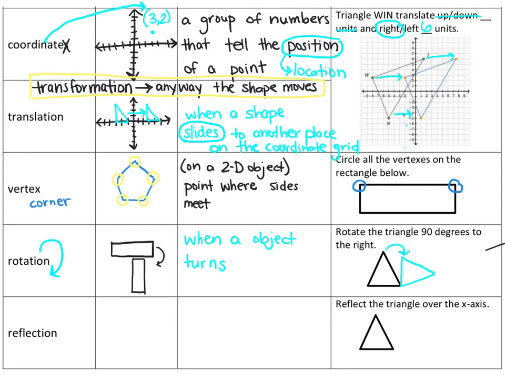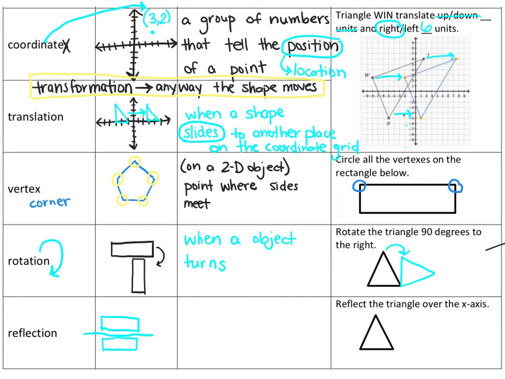And our last word is reflection. When you look in the mirror or a pond of water, you see yourself. So in math, when we reflect an object, I'm going to reflect my rectangle from above. Okay? Let's say my reflection is right here. That means that whatever is on top is also going to be on the bottom.